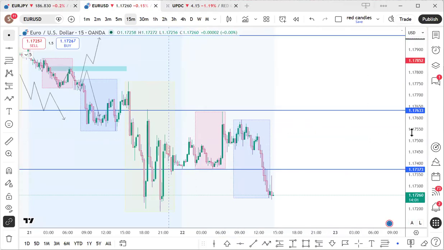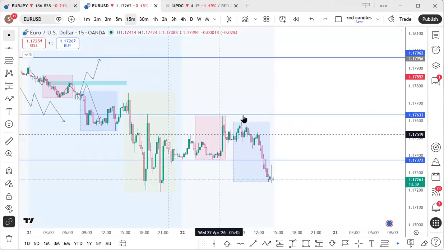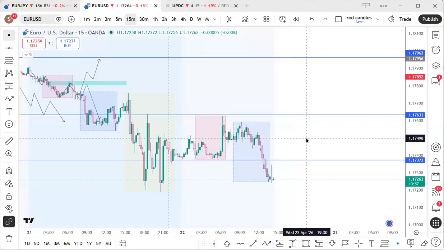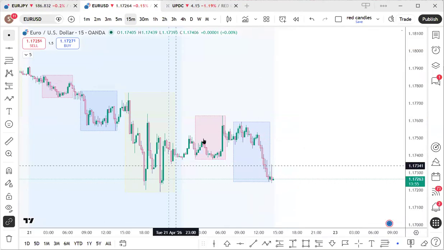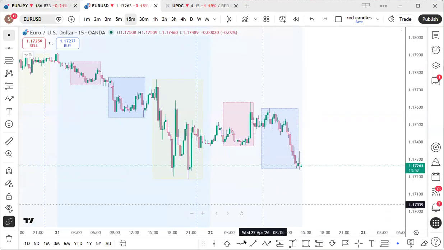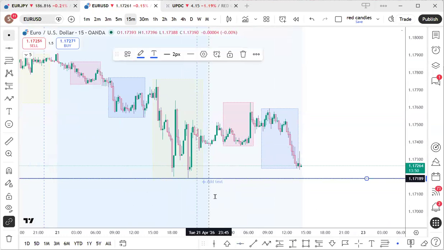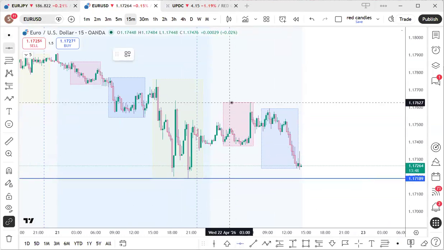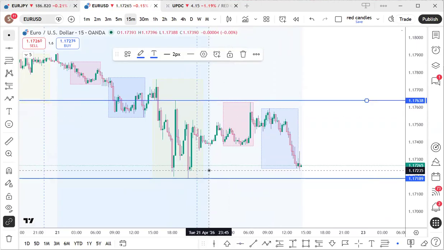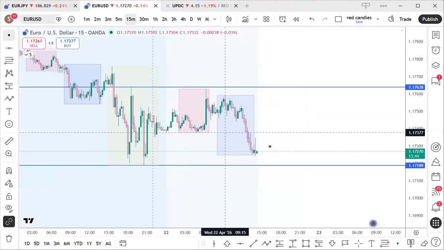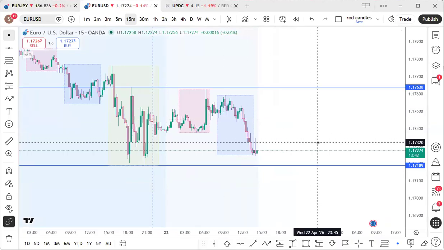Euro USD looks like it's in a rangy situation. Not a lot of movement. It's a bit sluggish actually. I think maybe they're just waiting for some news to happen. It's just going back and forth.